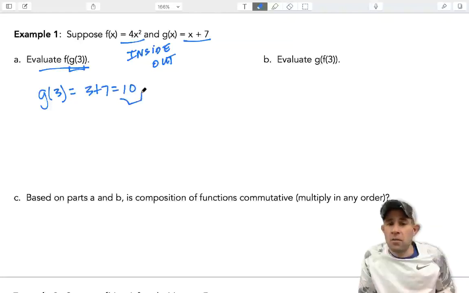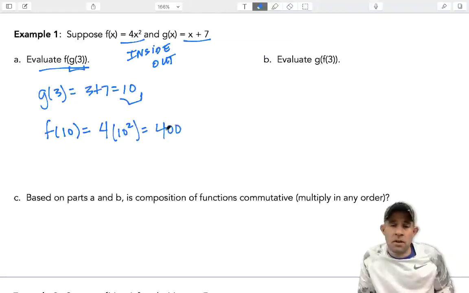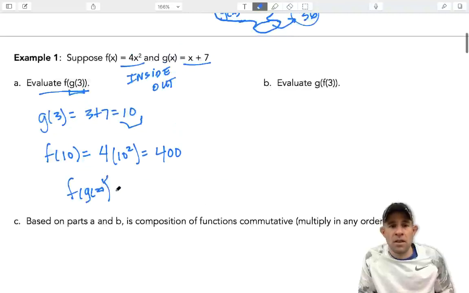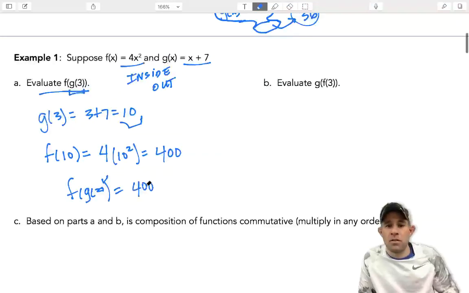Now we'll take the output from g of 3 and evaluate it for the function f. So we're going to evaluate f of 10, which is 4 times 10 squared. 10 squared is 100, and 4 times 100 is 400. So we say f of g of 3 is equal to 400.